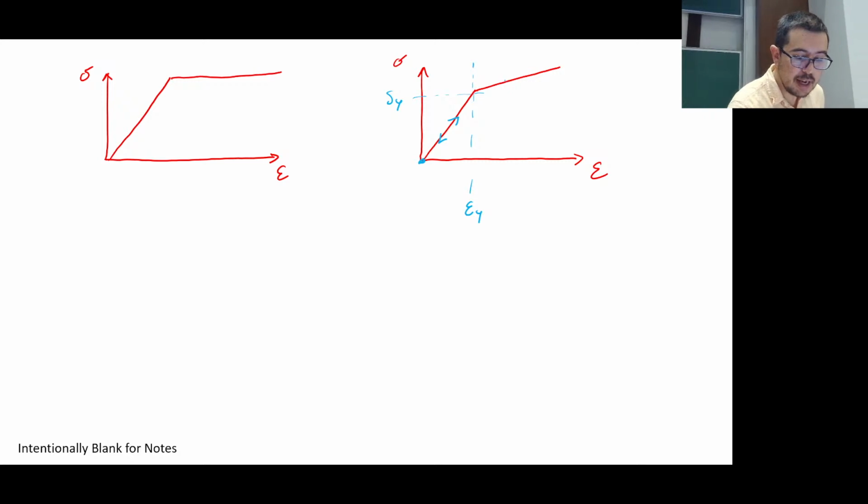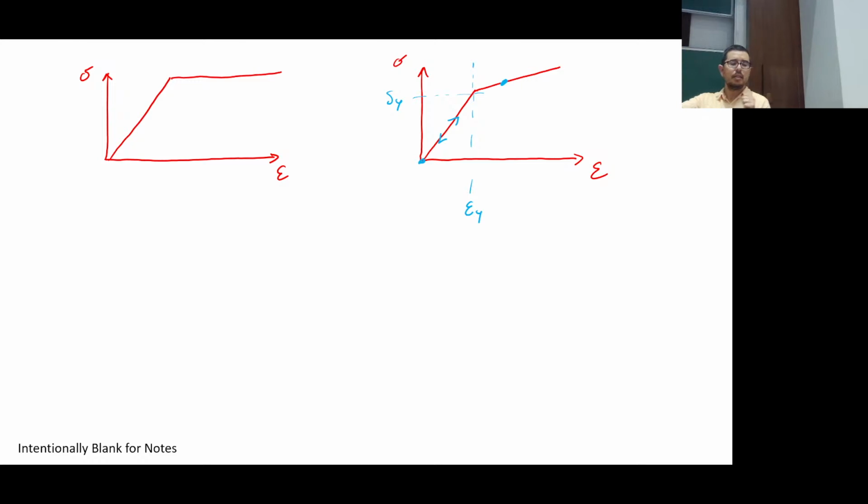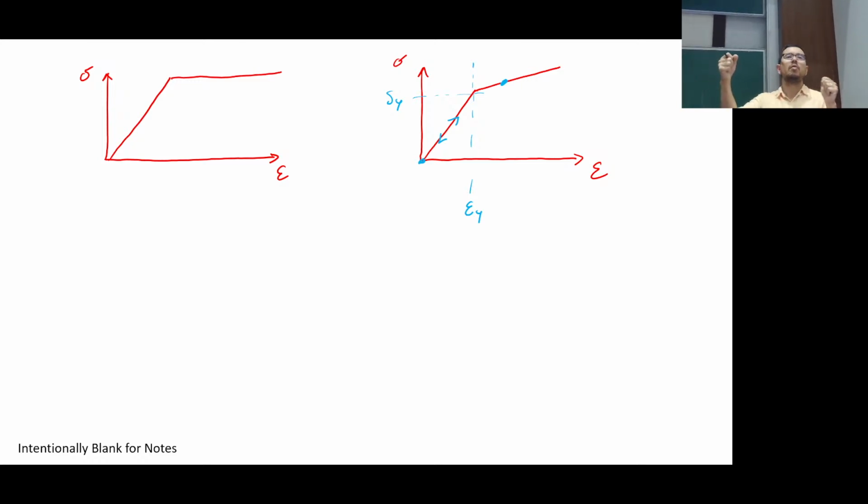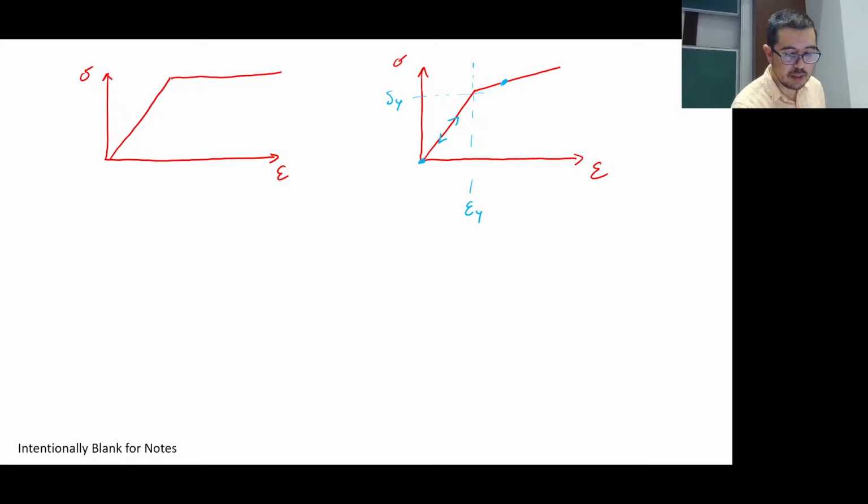So let's say I get out to here, and I'm still applying the force, or the displacement, that gives me this nice equilibrium for the stress and the strain. But then I let go. What happens? The material remembers its elastic modulus.